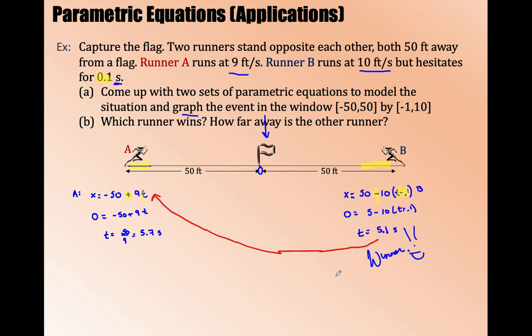At the same time, 5.1 seconds when runner B was at the flag, what was the horizontal position of runner A? So that's just saying what is x of 5.1. And again, I just used my calculator, and I got a negative. But what does that mean? That means the position left of the flag, still 4.1 feet away.